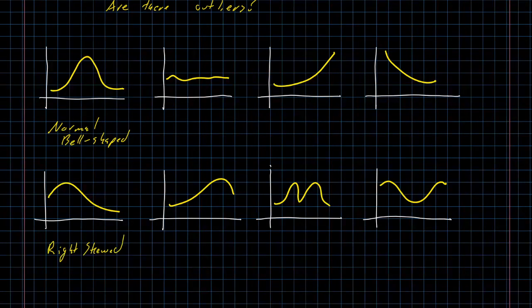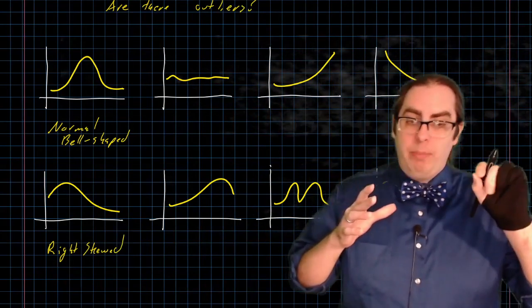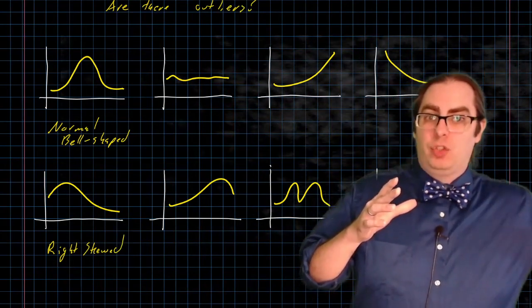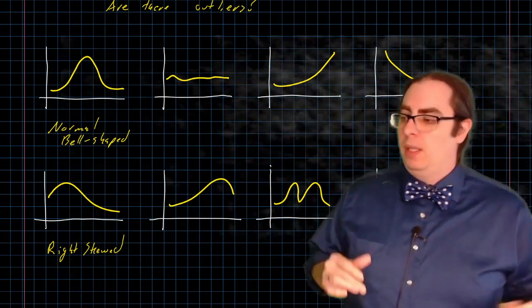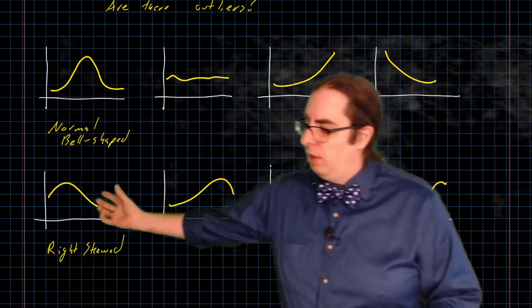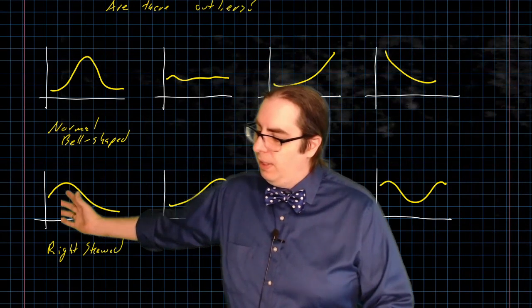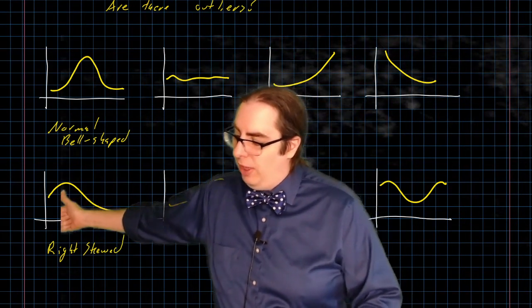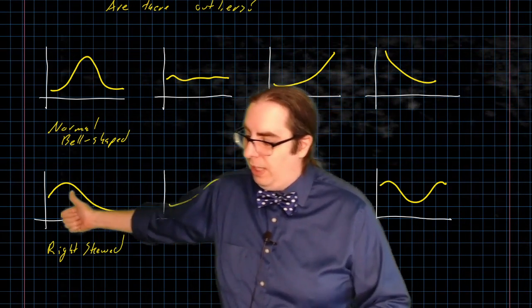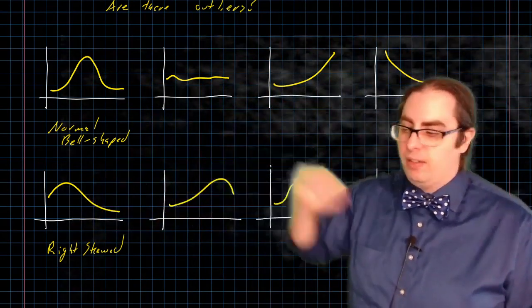What I want you to notice in a right-skewed distribution is that we've basically taken our normal distribution and just grabbed the right-hand side and stretched it out. All right, so we take our normal distribution, right? If you just look at this part of the distribution here, it looks normal. But then I grabbed this tail and I just dragged it.